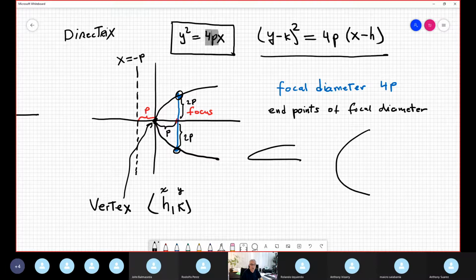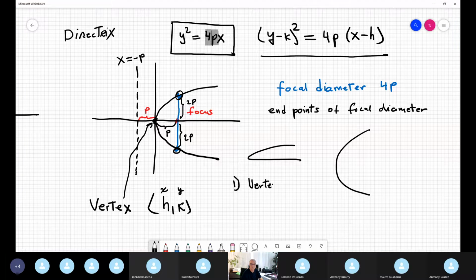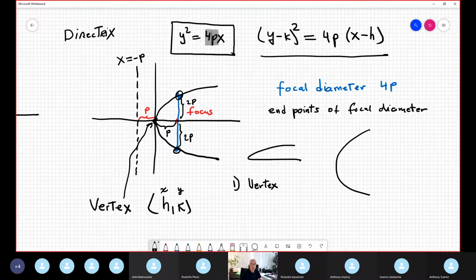Okay, so now when I do the graph of the parabola, we need some information. Number one information, vertex. Depending we have or no, translation. Number two, focus. Number three, directrix line. You are doing the graph and you are doing the equation.